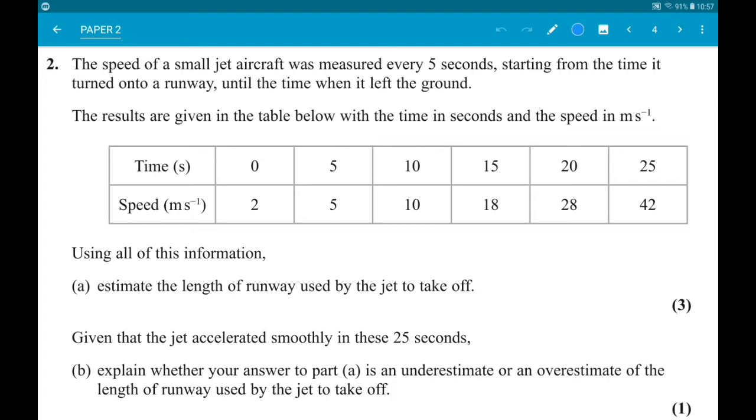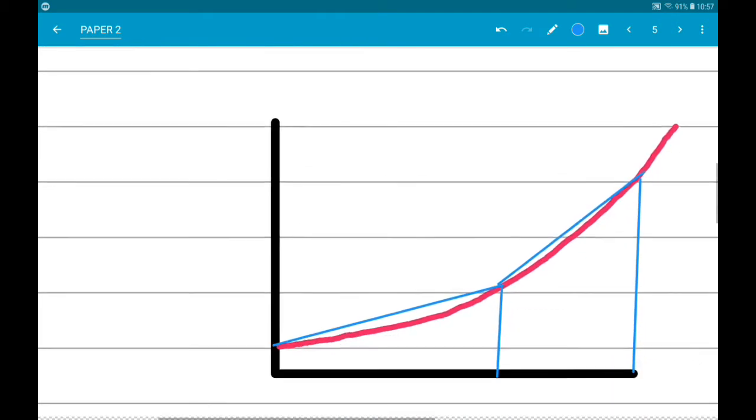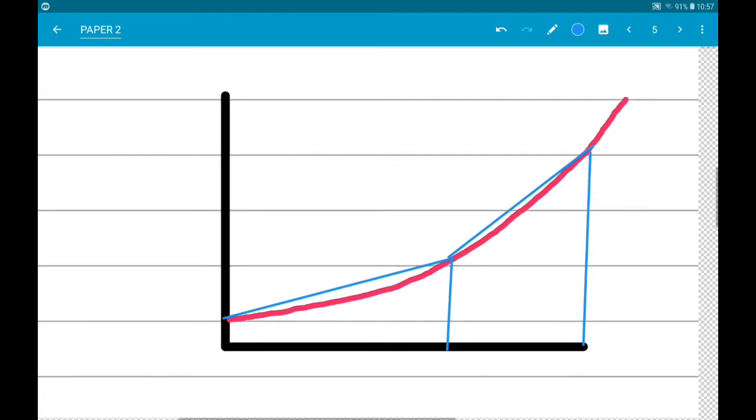So it's going to look something like that. Now, our trapeziums they have a part above the curve. So what we've done is calculated an overestimate of the actual length because we have some extra area above the curve.